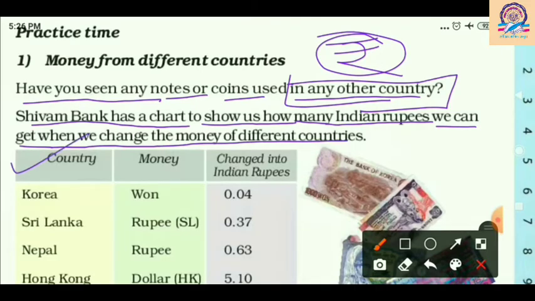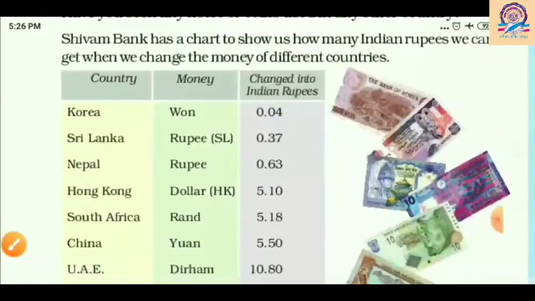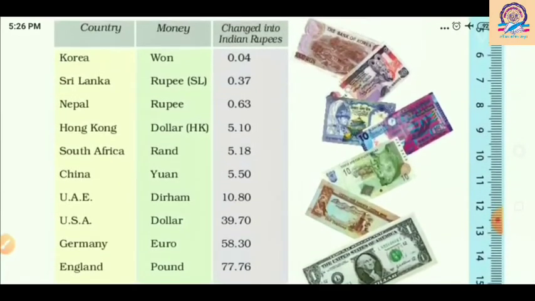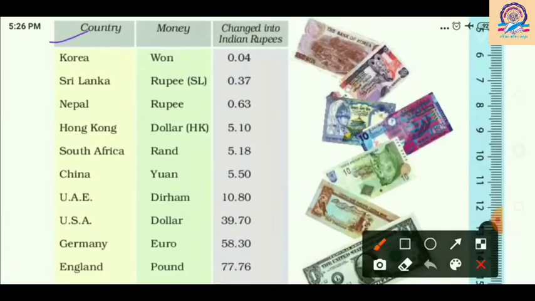So here is the table of Shivam Bank. Let's have a proper observation of this table. In the first column we have the names of countries. In the second column we have their currency names, and in the third column we have the value changed into Indian rupees. For example, the first one is Korea, and the currency of Korea is won, and 1 won makes 0.04 rupees.